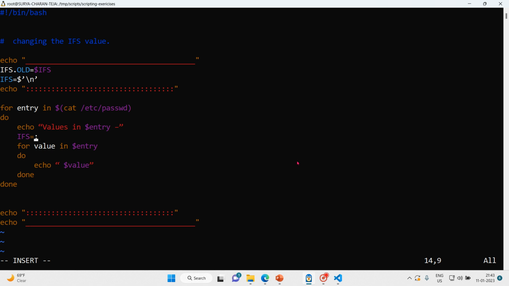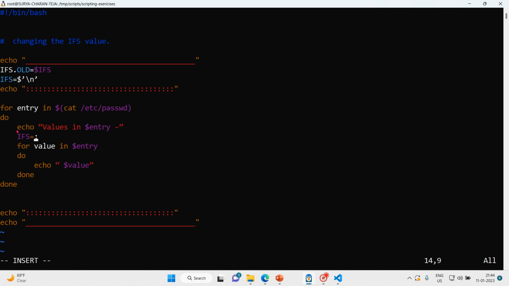If you see the passwd file, each line is separated by a backslash n, and that is the reason our first IFS for the main for loop, or outer for loop, is backslash n. Whereas inside the line each word is separated by the colon.